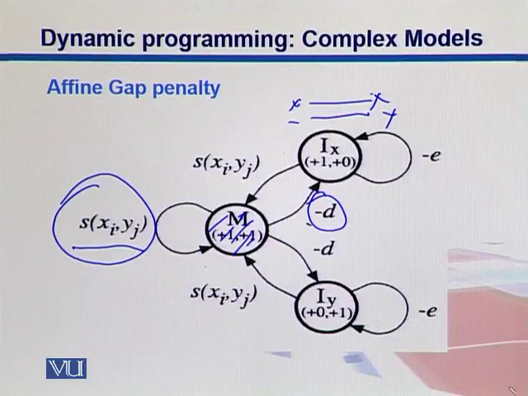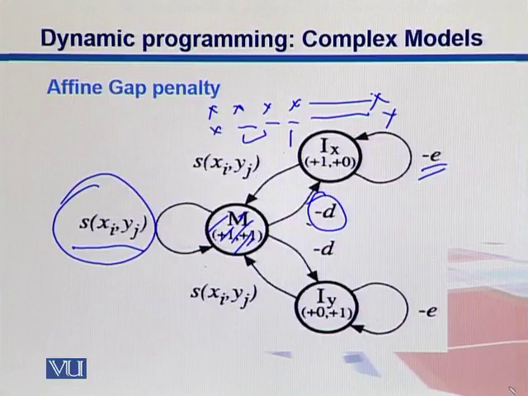It keeps on operating over here with e, which is the gap extension penalty. As soon as we get symbols in both of them, after having say these three gaps, where here we have the opening penalty and here we have the extension or affine penalty, we reach a situation where we have a symbol over here and a symbol over here. So again the system moves back in this direction.